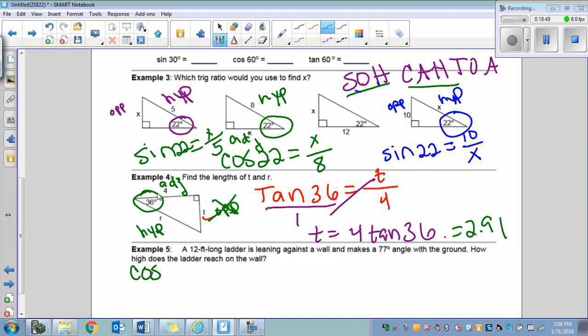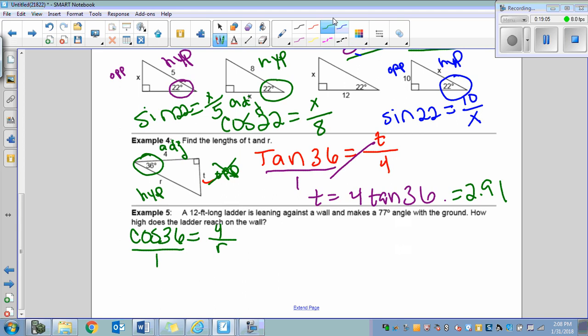Cosine of 36 degrees equals, what comes first? The adjacent side, which is 4, over the hypotenuse, which is R. Okay? Now, we're always going to put this over 1, but when we're cross multiplying and the variable is in the denominator, it's going to look a little different. 1 times 4 is 4.